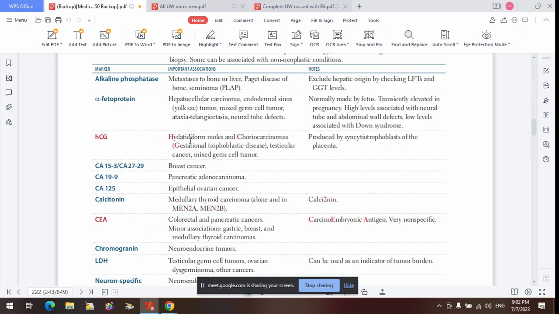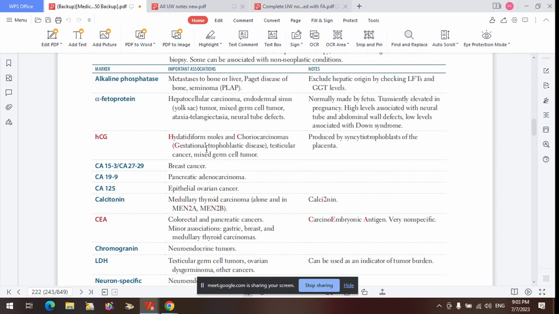People that have a neural tube defect or abdominal wall defect, so there's an opening in the neural cavity and an opening in the abdominal wall, can have elevated alpha fetoprotein. Why? Because alpha fetoprotein is produced from the yolk sac.